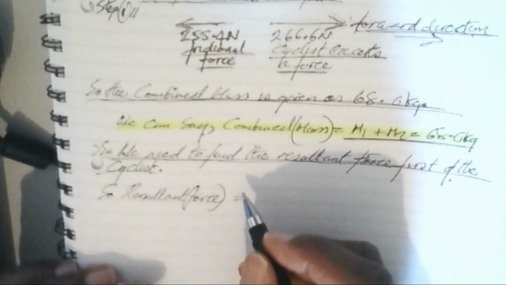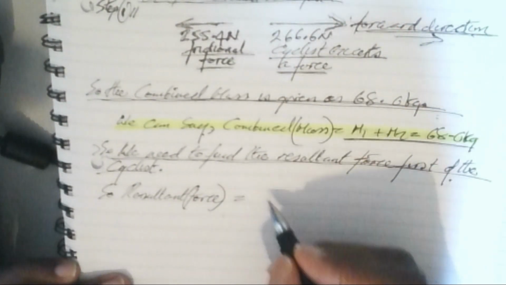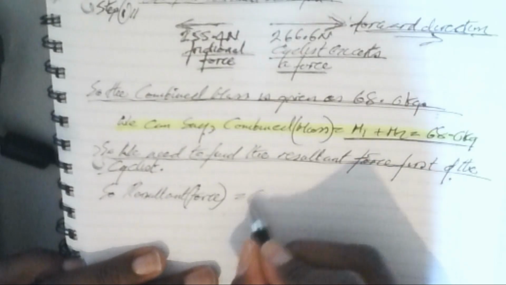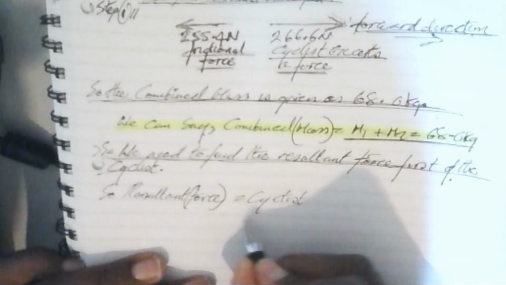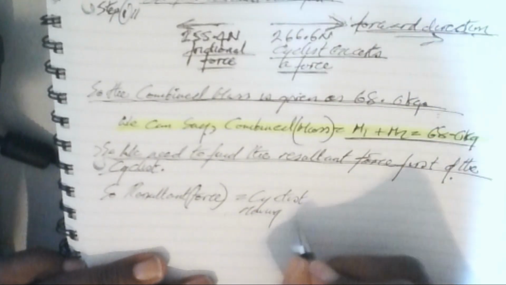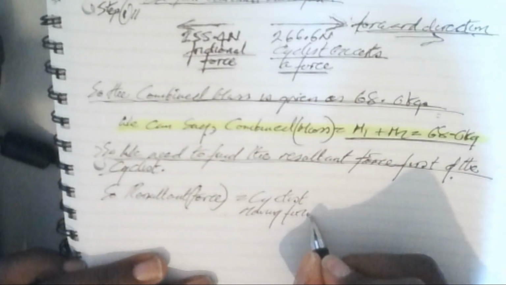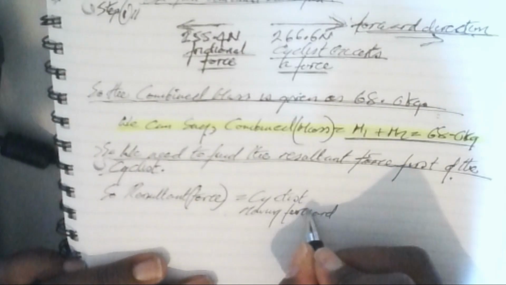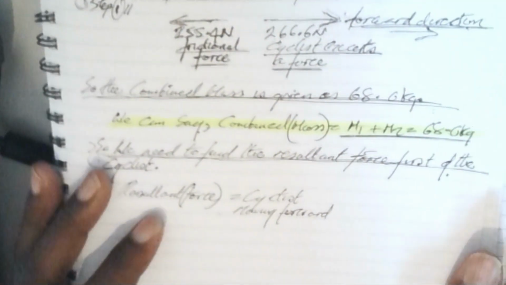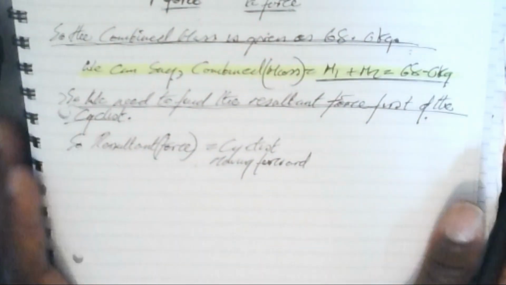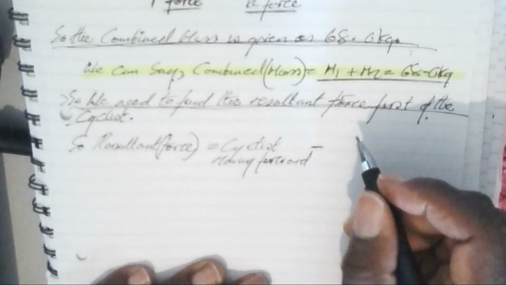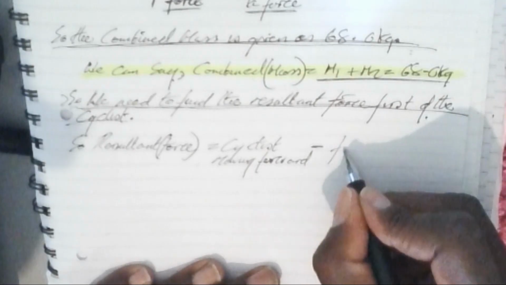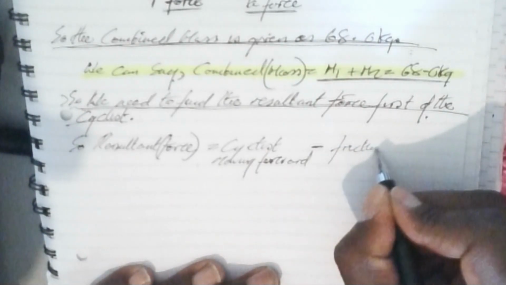Okay. So the resultant force equals cyclist moving forward minus frictional forces, because there's two forces at play.